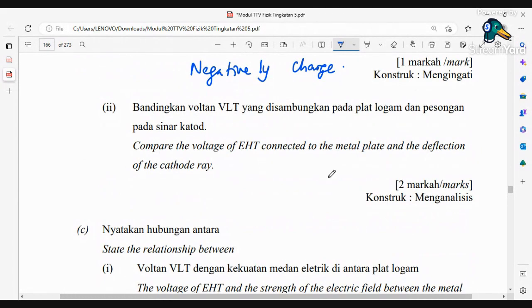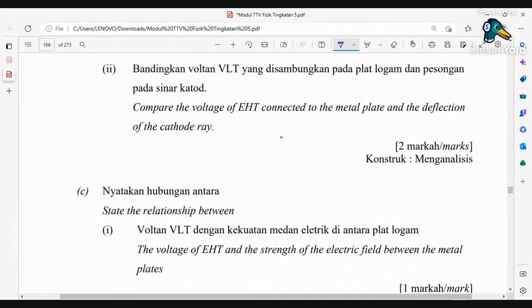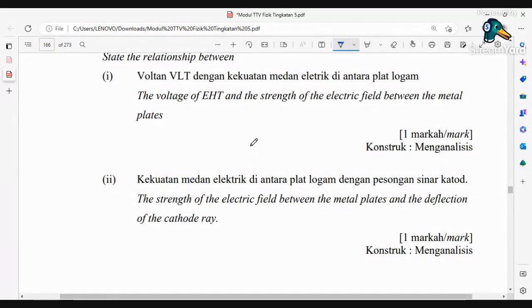Compare voltage EHD connected to metal plate and deflection of cathode ray. Okay, VLT in A is smaller, should be. Relationship between voltage EHD and strength of electric field.